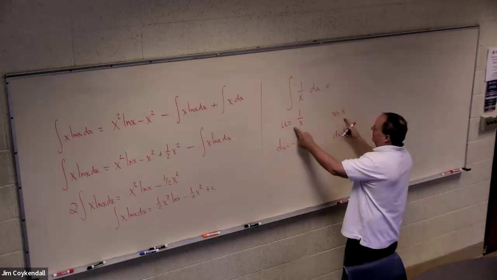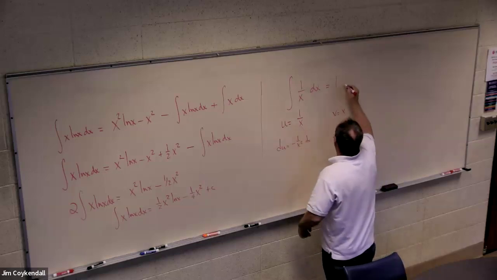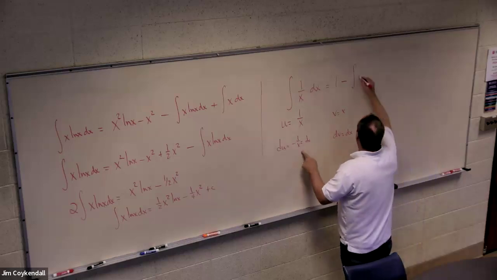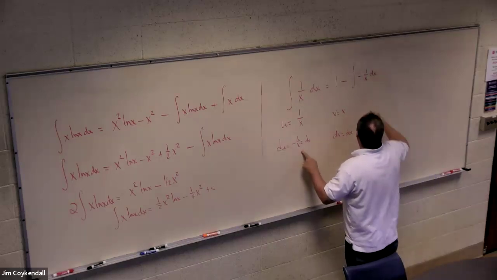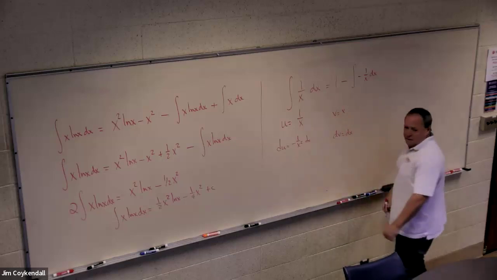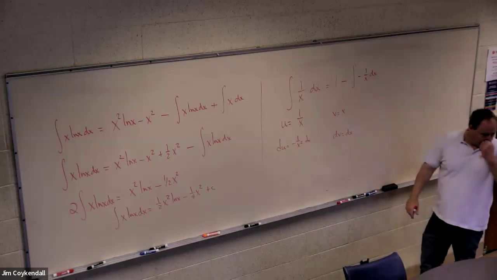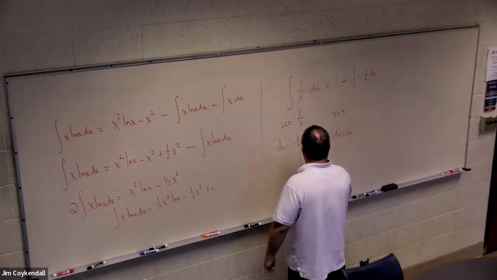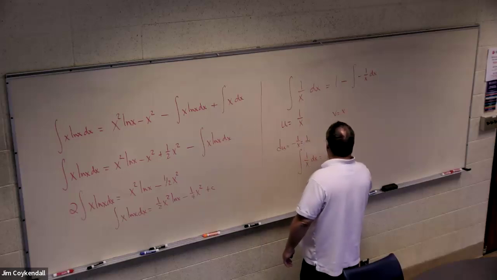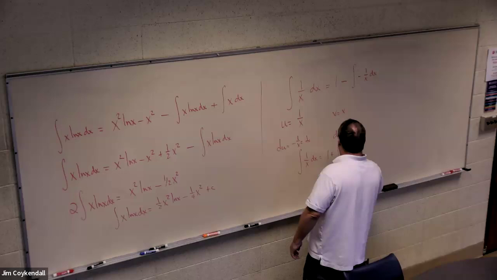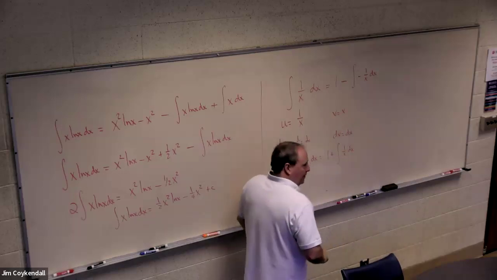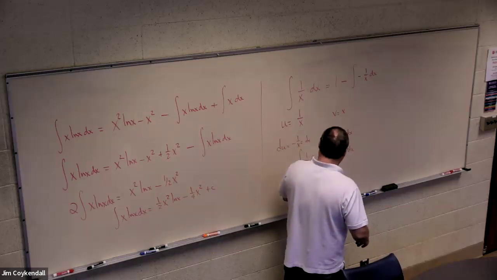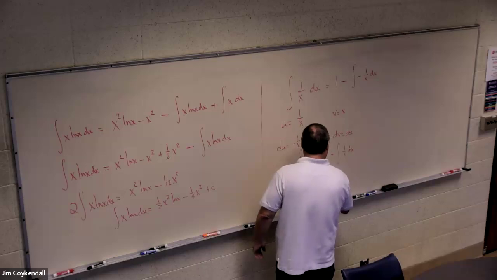And so it's going to be two things: 1 minus the integral of 1/x dx. That is 1 plus the integral of 1/x dx, and subtracting this antiderivative from both sides gives 0.